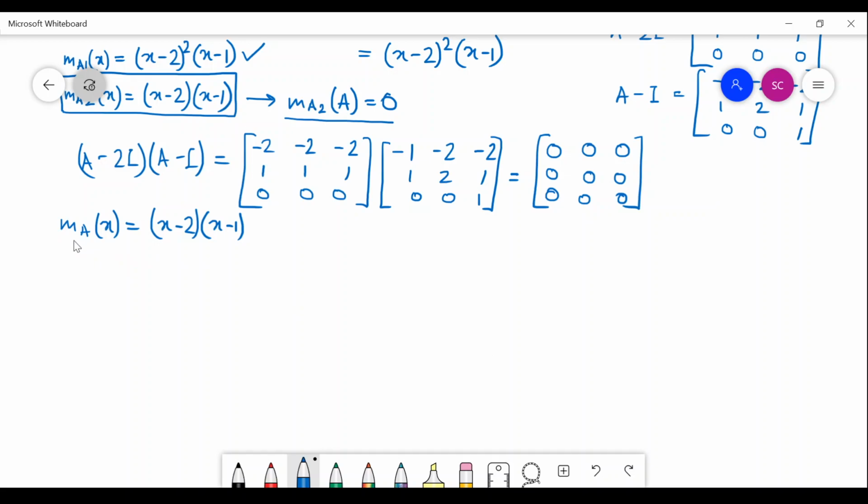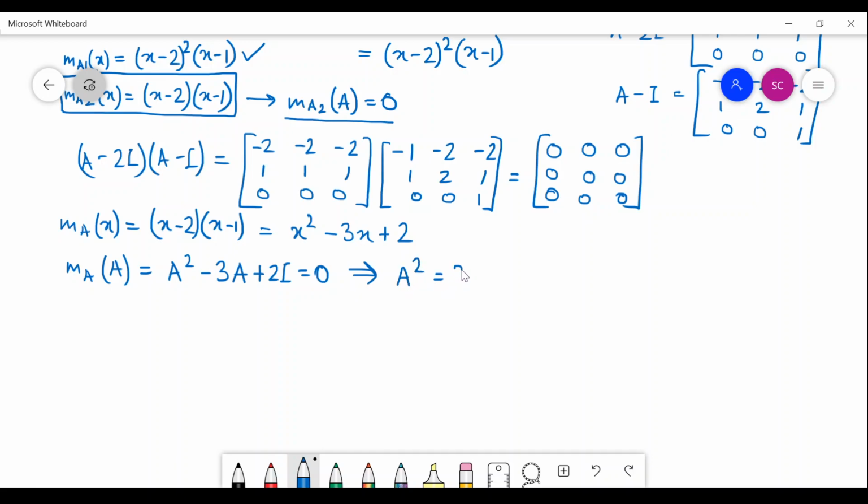So now you see that the minimal polynomial, since you have already identified, equals x square minus 3x plus 2, and since m_A(A) equals 0, this relationship holds true always. This means A square equals 3A minus 2I.